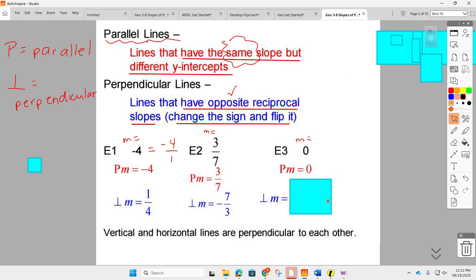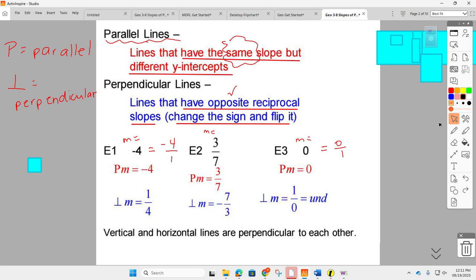So for opposite reciprocal, well, what's the opposite? Does 0 have a sign? No. Now, if we just rewrite 0 as a fraction, and then we flip it, what do we get? We get undefined, remember?